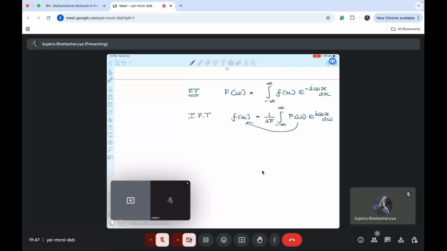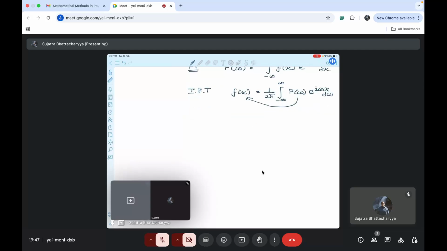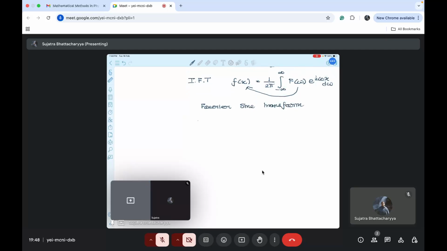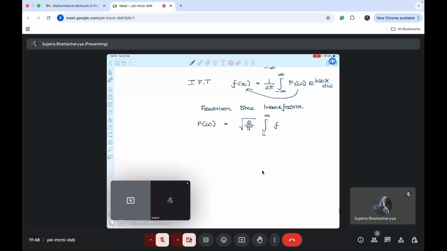Now we can write some different things like the Fourier sine transform and cosine transform. These are just simple forms. You can see that e to the power iota omega x is there; you can write cos and sine. So the Fourier sine transform f of omega is generally written as root 2 by pi, integral from 0 to infinity, not minus infinity to infinity, of f(x) sine omega x dx.